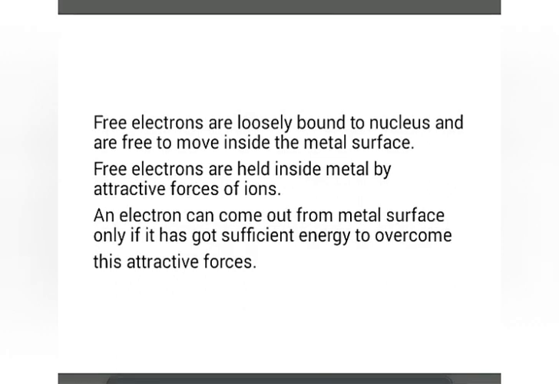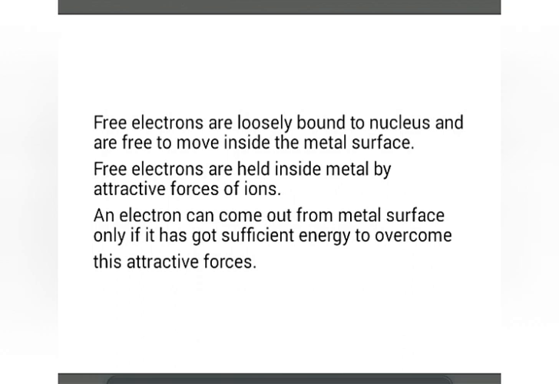So an electron can come out from the metal surface only if it has sufficient energy to overcome this attractive force. That supplied energy is called the work function of the metal.